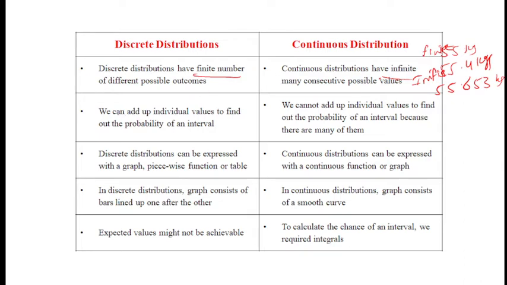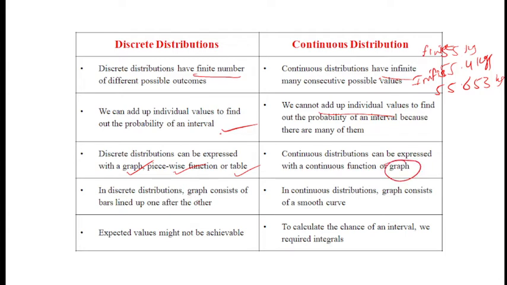What would be the other difference? We can add up individual values to find the probability of an interval under discrete distribution. We can't add up the individual values under continuous distribution. Discrete distribution can be expressed with a graph, piecewise functions or a table, whereas continuous distribution can be expressed with a continuous function or a graph.